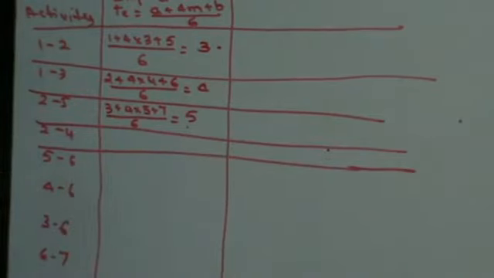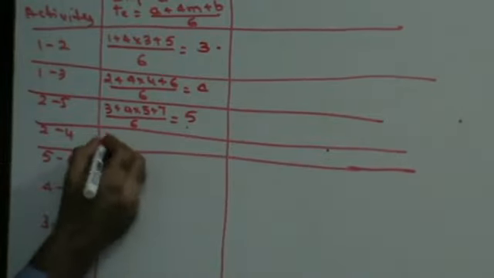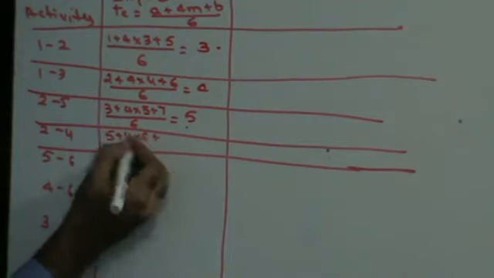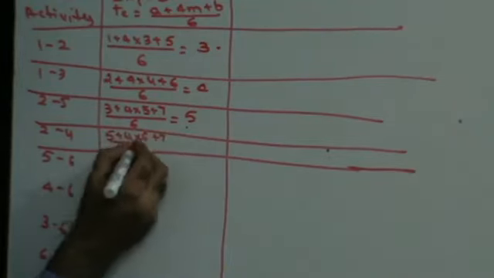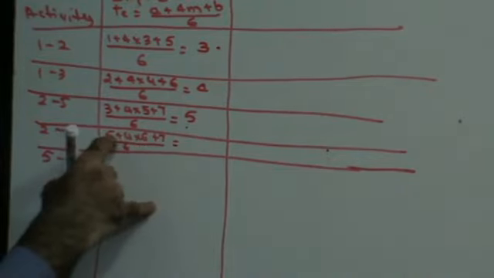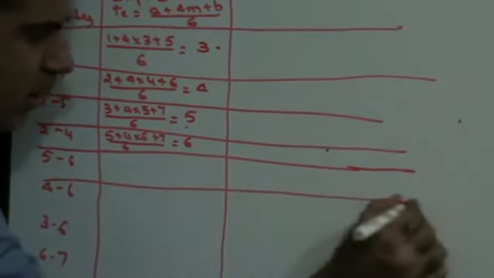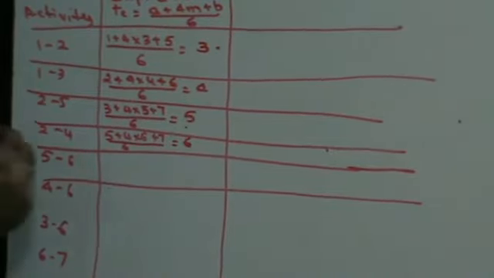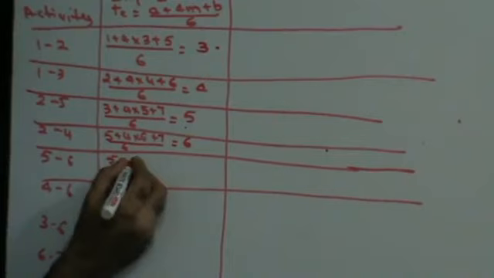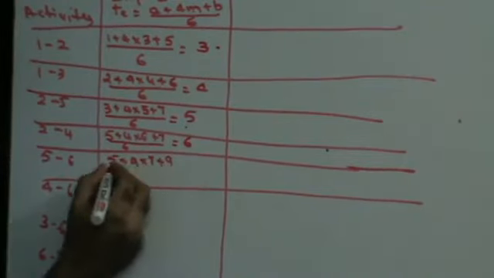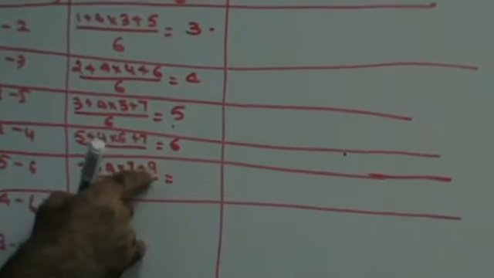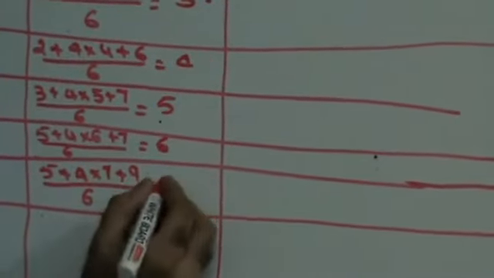Next you are going to have 2 to 4, which is 5 plus 4 into 6 plus 7 upon 6: 6 4s are 24, 24 and 5, 29, 29 and 7, 36 upon 6, that is 6. Next you have 5 to 6: 5 plus 4 into 7 plus 9 upon 6: 7 4s are 28, 37, 37, 42, 42 upon 6, that is 7.